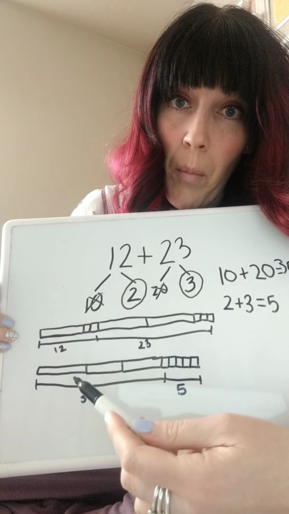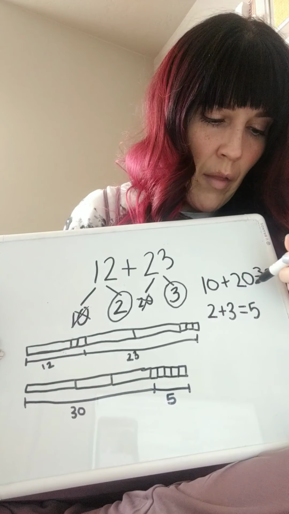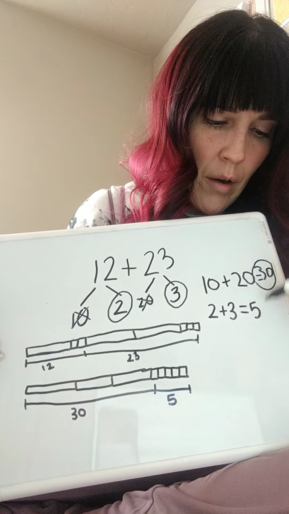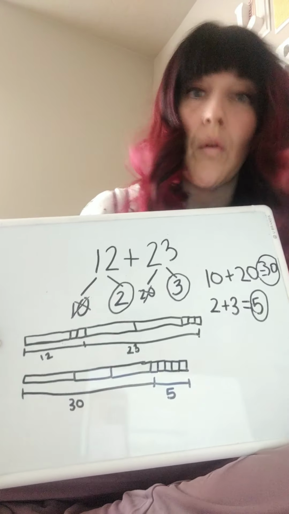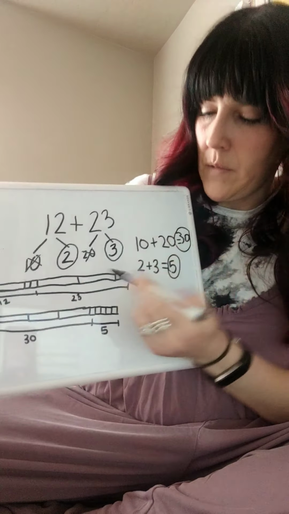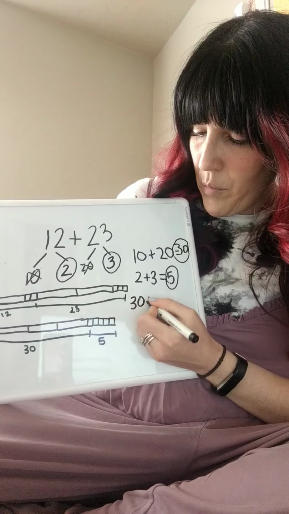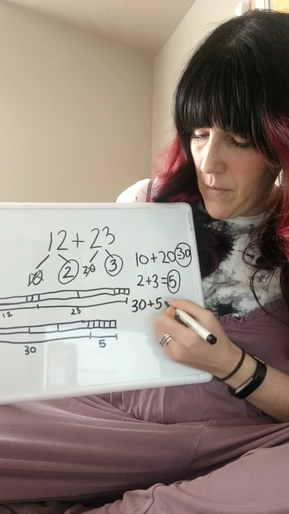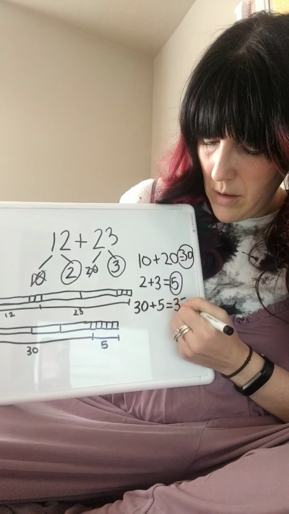Now I'm going to go back and I'm going to combine my 10s and my 1s. So I'm going to take this answer, the 30, and add it to my 1s. So now my new problem becomes 30 plus 5 equals 35.